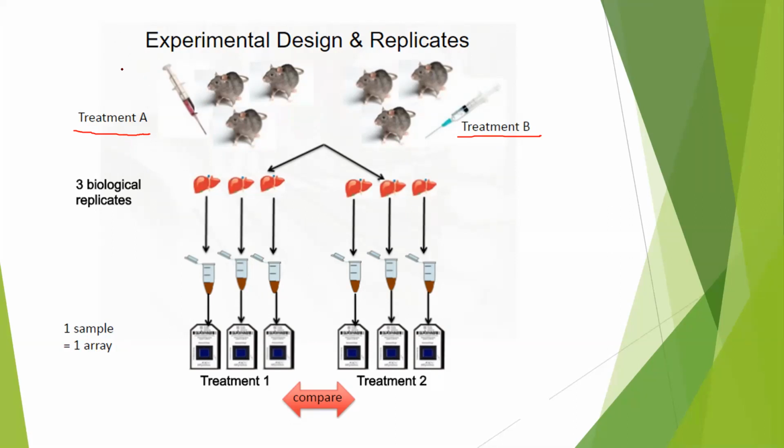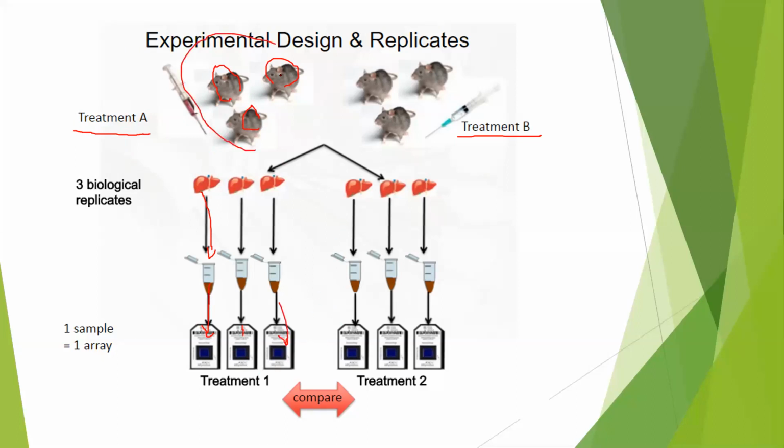Here, suppose we have a minimum of 3 biological replicates. In each group, we have 3 mice, and from each mouse we get a liver sample. We prepare the transcriptome sample and do the hybridization for each chip to get the data.